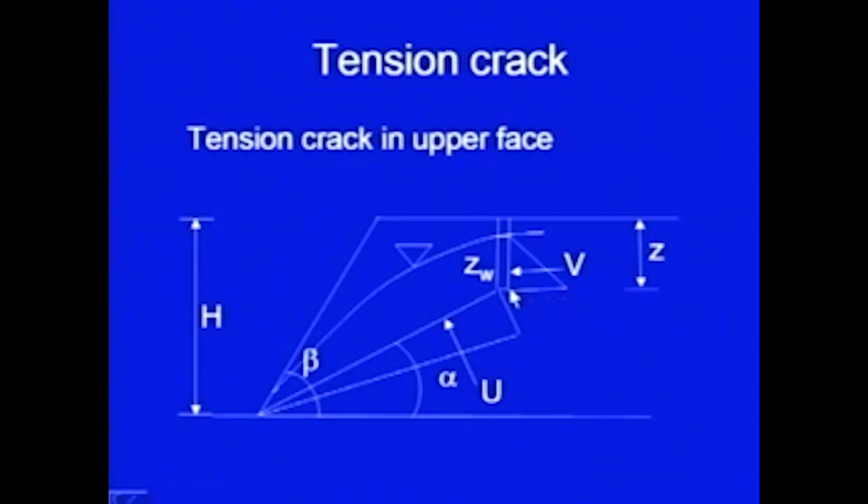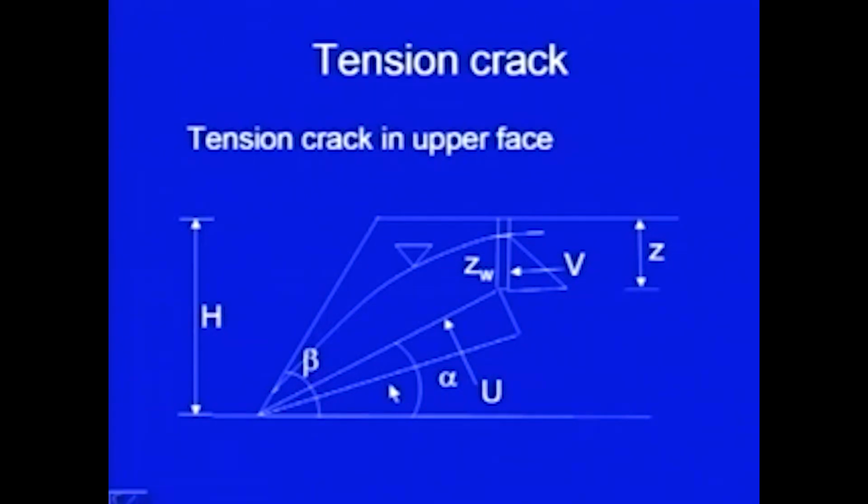So, this ordinate was gamma W into Z W. So, this ordinate will also be gamma W into Z W, and then you can find out the total pressure acting over this surface. Its value will be equal to half into this length into this ordinate, which is gamma W into Z W. So, the area of this triangular diagram is going to give you the water pressure acting at this particular surface, and we have denoted it by letter capital U.